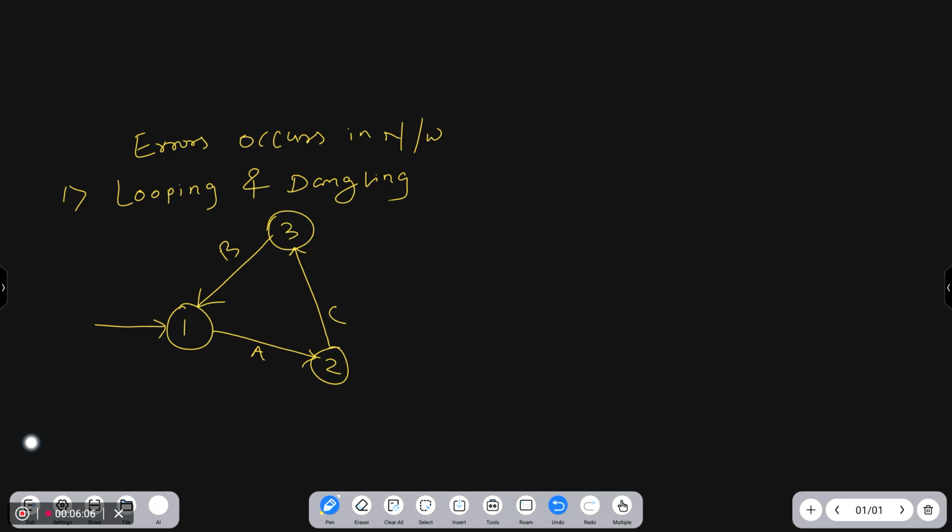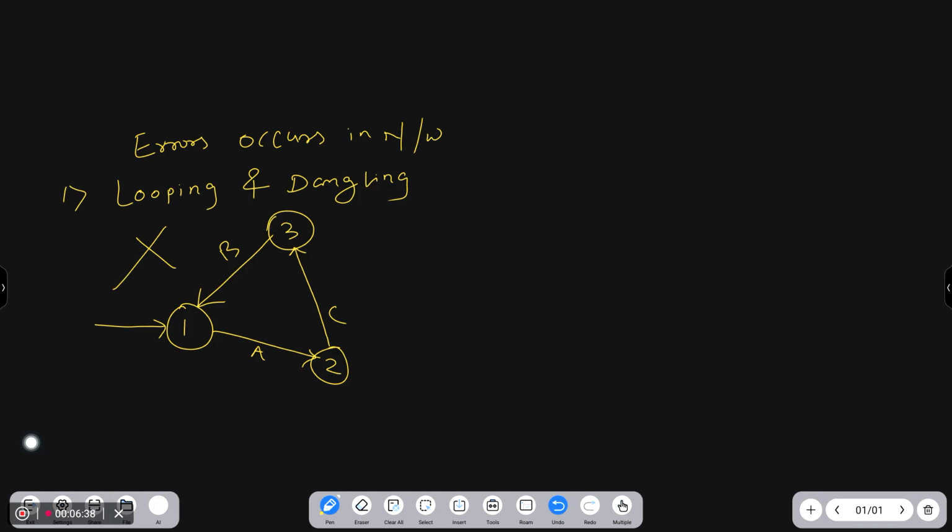In a network diagram, it will go on infinitely like this. We learned in data structures also, in Kruskal's algorithm and Prim's algorithm, that you have to construct the spanning tree so that there should not be a loop formed. The same thing applies here: in the network diagram, looping is not allowed, right?